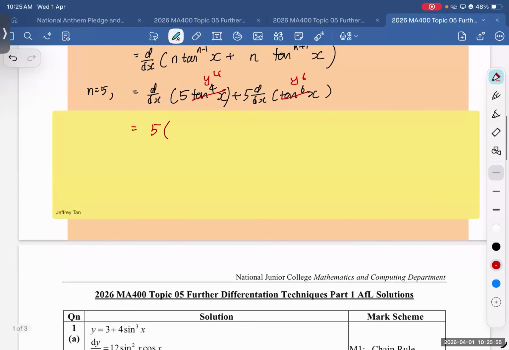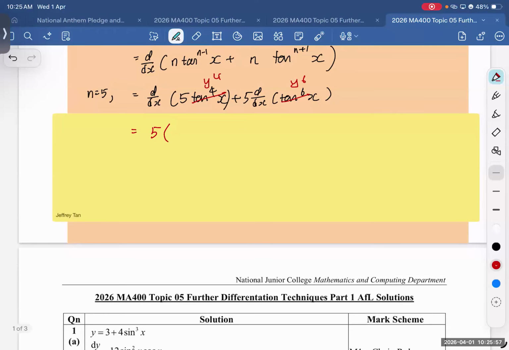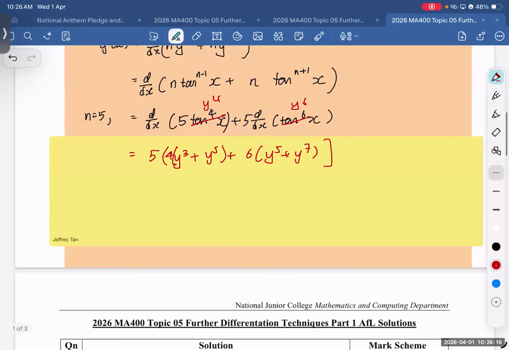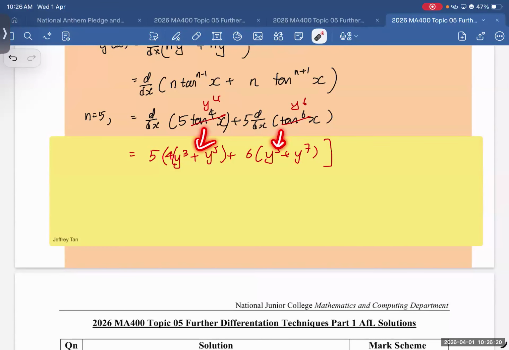So this is supposed to give me 5 times 4 of y cubed plus y power 5, plus 6 of y power 5 plus y power 7. Is it okay for this part? Very good.